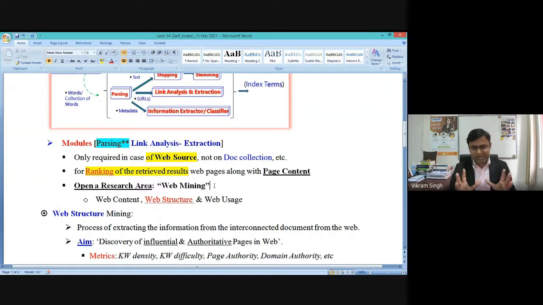Like if 2 pages are placed on the web and page A is placed in page B, it means page B is considering page A important, right? That's why it is basically upvoting.